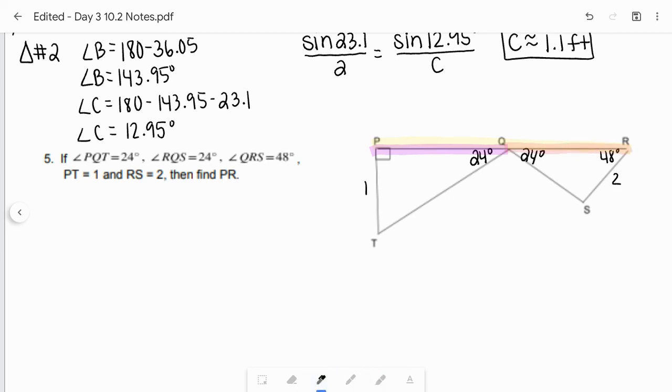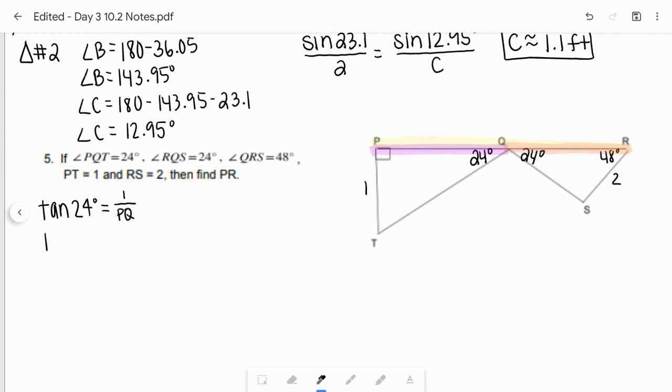So in this first triangle, the one with PQ, that is a right triangle. So with our angle of 24 degrees, I have the adjacent side and the opposite side. Okay, so that would be tangent. So I can have tangent of 24 degrees is equal to the opposite side, which is 1, and the adjacent side, which is PQ.